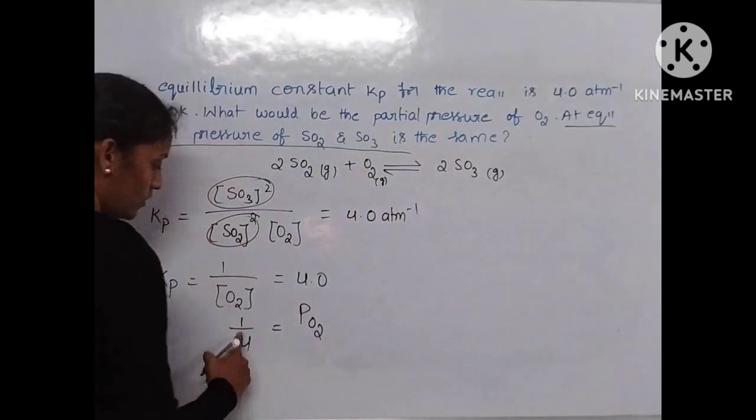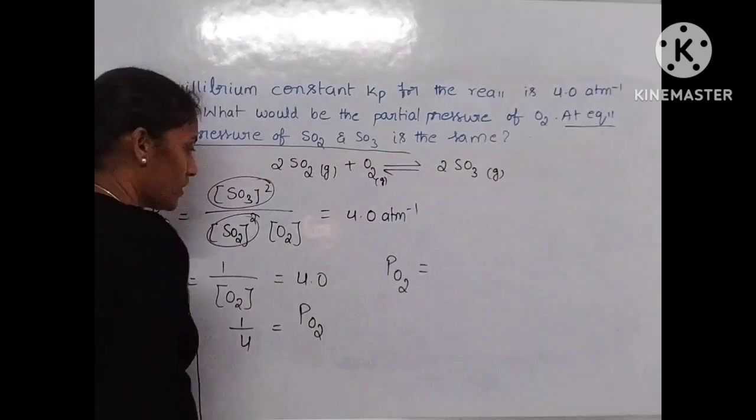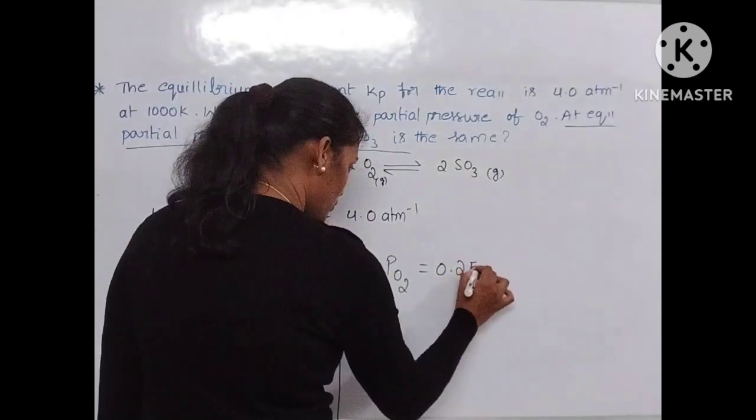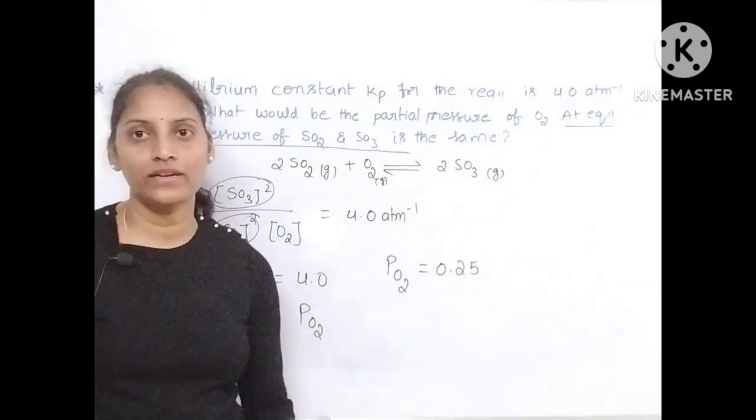That means 1 by 4, so the pressure of O2 at equilibrium equals 0.25 atm inverse. This is your answer for this question, the simplest one.